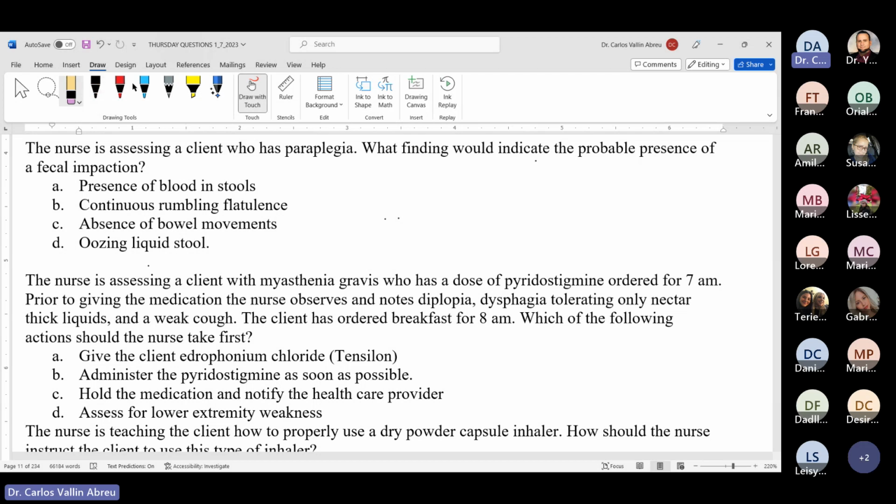The phenomenon here is that in the rectum, the client has a mass of feces, like a stone of feces there. This stone of feces is going to produce irritation in the walls of the rectum.